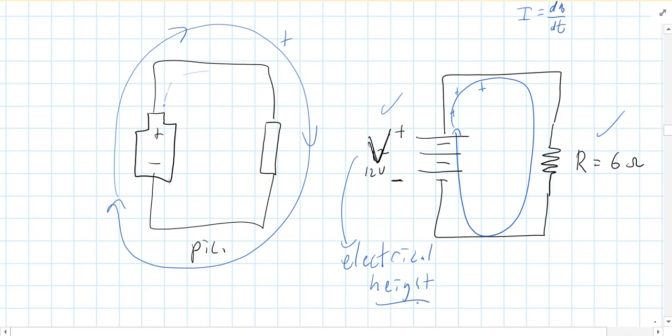Think of a battery as like a chairlift in a ski resort. The battery gives the people potential energy. A chairlift in a ski resort does work on people and gives them potential energy. That is exactly what a battery does. A battery does work on charges and gives them potential energy.